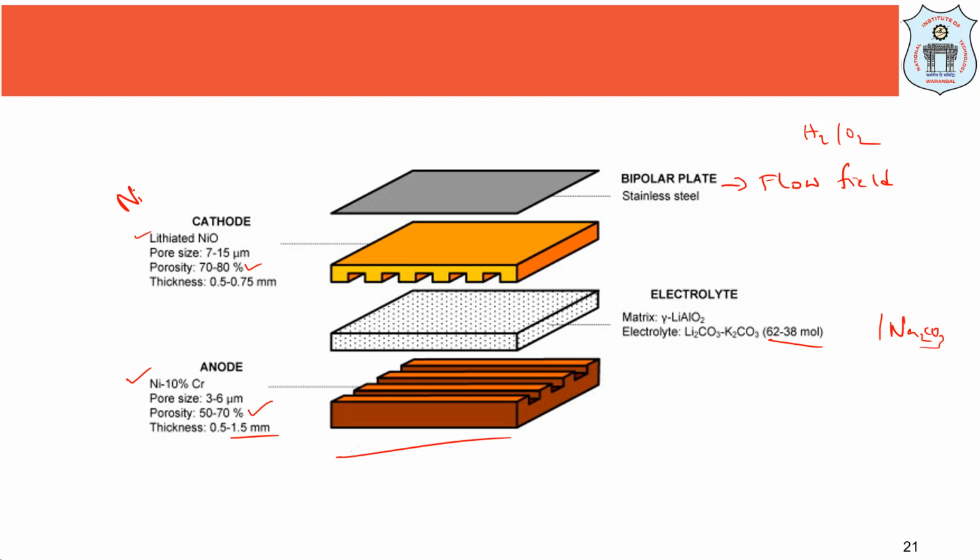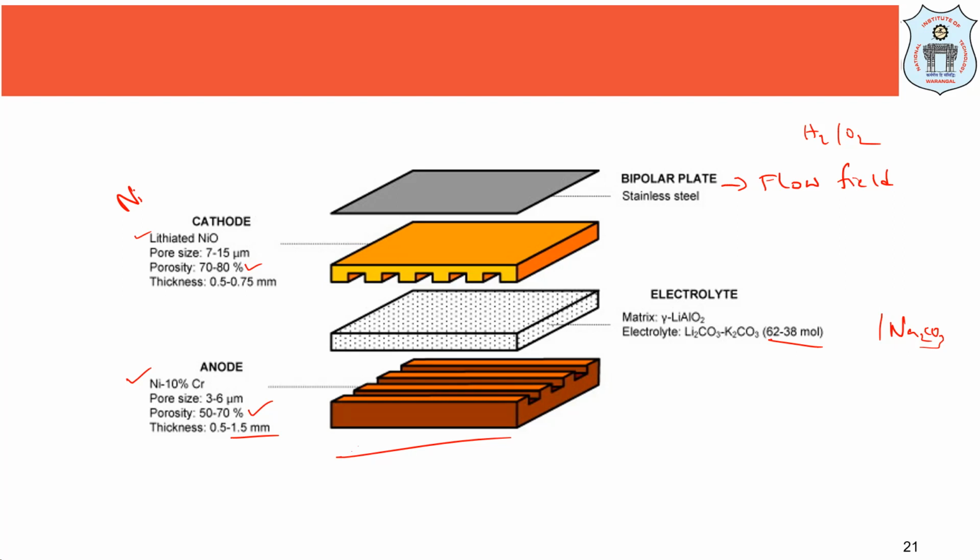Recently, instead of nickel oxide, lithiated nickel oxide is used, having a pore size of 7 to 15 micrometers and a porosity of 70 to 80%, which facilitates the carbonate reaching the active sites of the catalyst, in the anode or cathode.